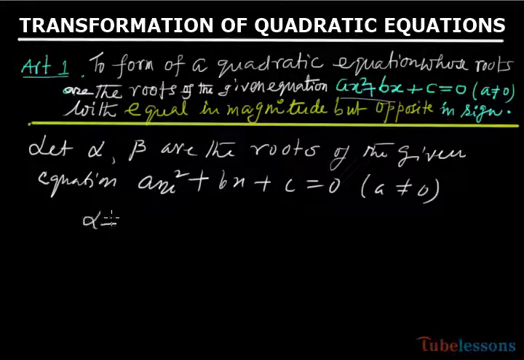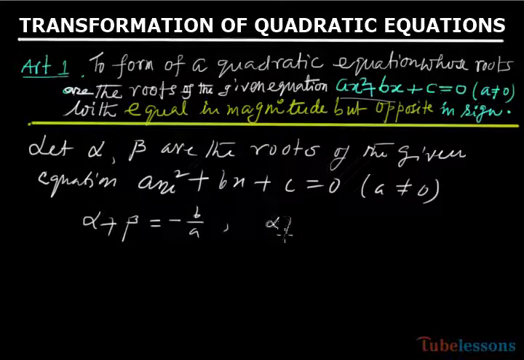So sum of the roots alpha plus beta is minus b by a and product of the roots is c by a.